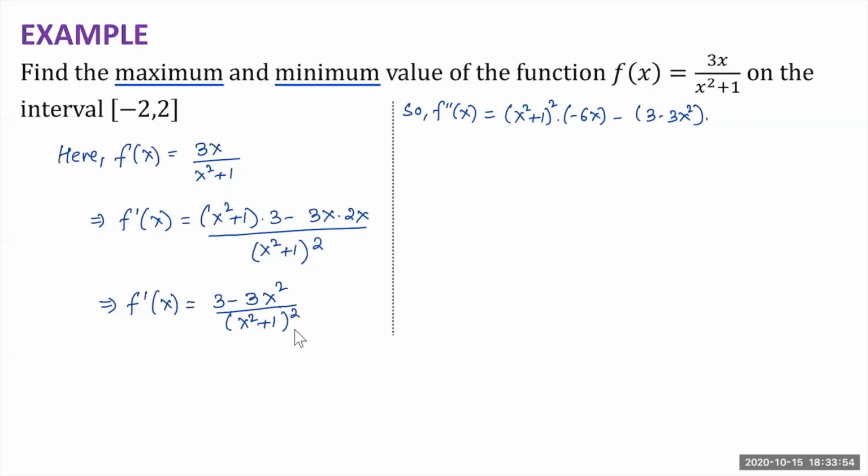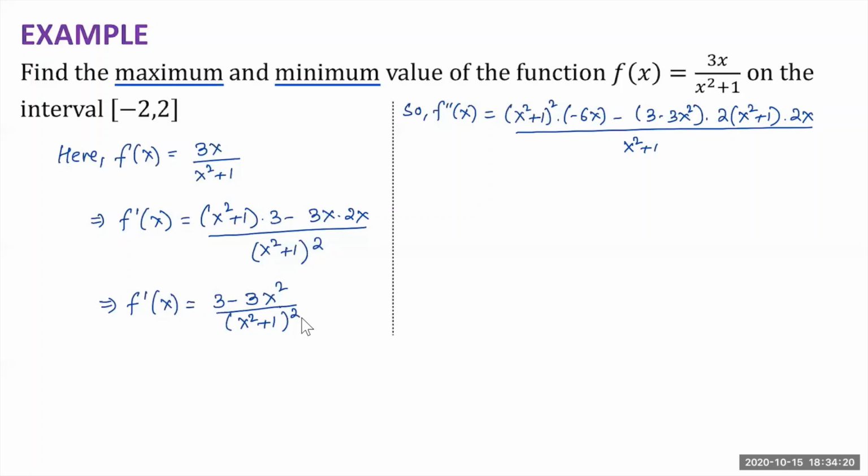In order to find the derivative of the denominator, we use the chain rule. First, we find the derivative of the outside function by using the power rule. That will be 2 times x squared plus 1. And we multiply by the derivative of the inside function, which is 2x. And we divide everything by the square of the denominator. We have x squared plus 1 quantity squared in the denominator.